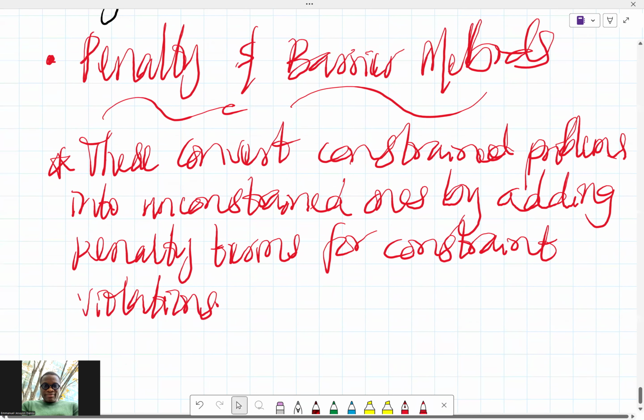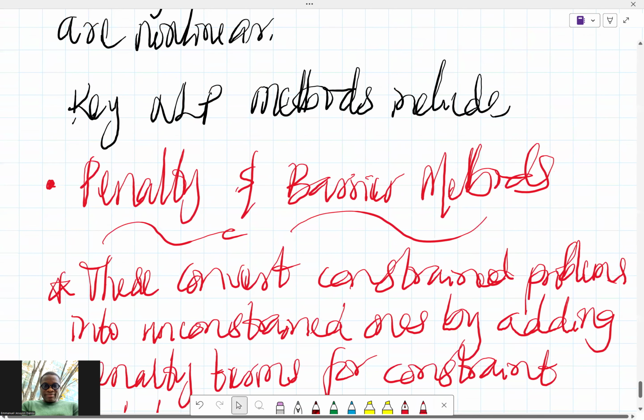Okay, so that's one method under nonlinear programming.